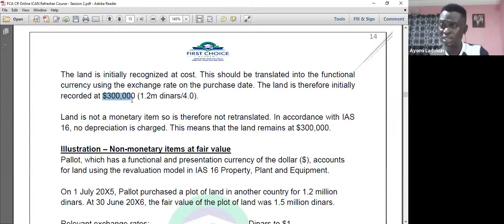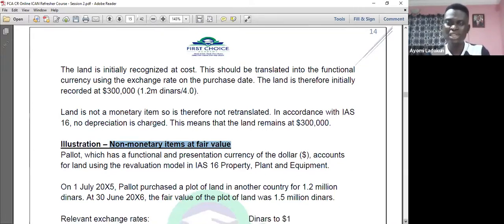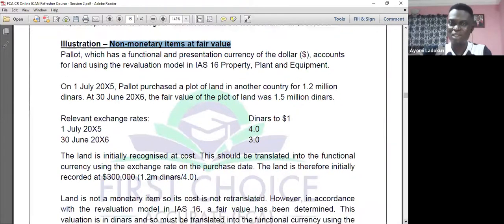I have not paid. Then at the year end, I will not retranslate because it is carried under cost. Naturally, you don't retranslate a non-monetary item. But if it is carried at fair value, don't forget, you have to retranslate at the date the fair value was determined. They now said at 30 June, the fair value of the plot of land was 1.5 million.